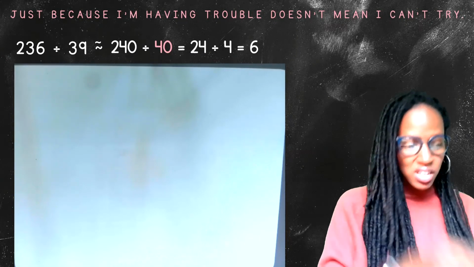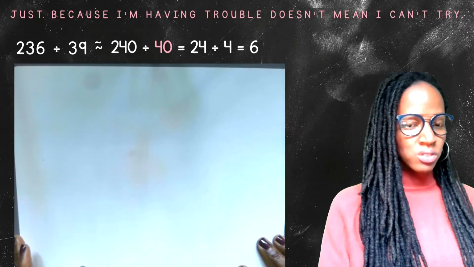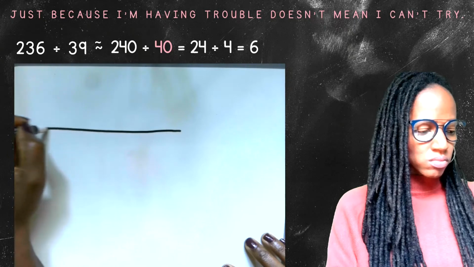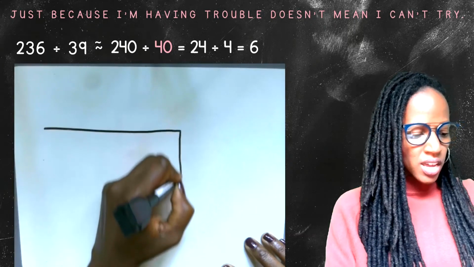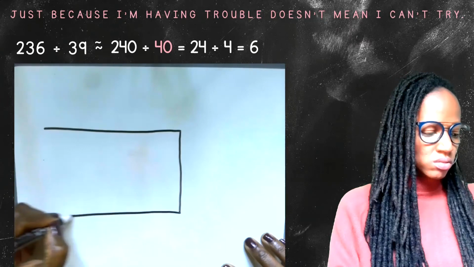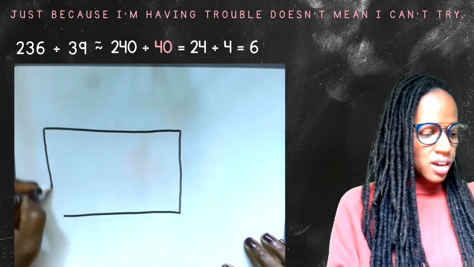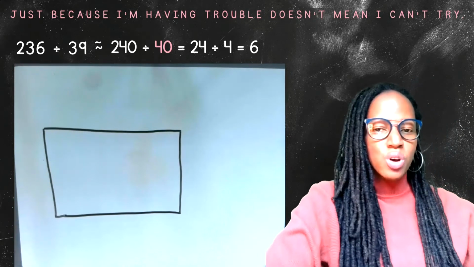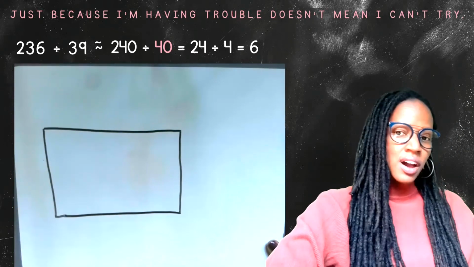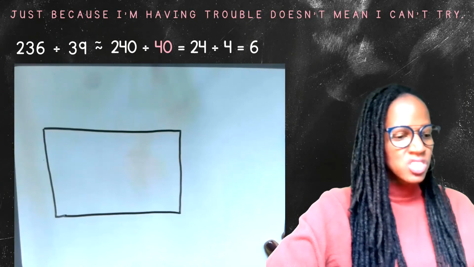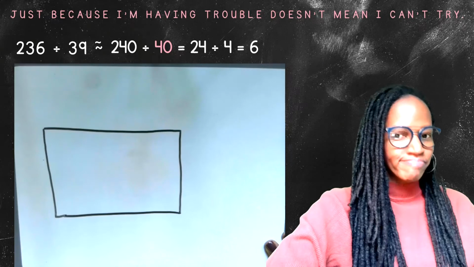I'm going to start by setting up the area model. And I'm going to do that by drawing a rectangle. Okay. And then I'm going to decompose this area model into 3 different sections because I have 3 digits in my dividend.